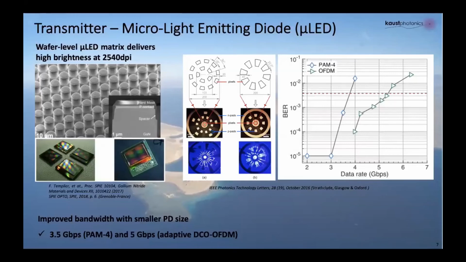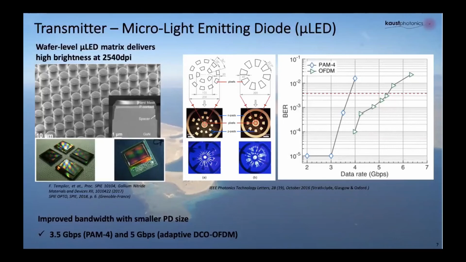So micro LED shrinks down the size of the LED to a few tens of microns, or in the order of 10 microns or so. And since the size is small, we'll be able to modulate at a high speed. And by using PAM, for example, PAM4 and OFDM, people have been able to achieve 5 gigabit per second.